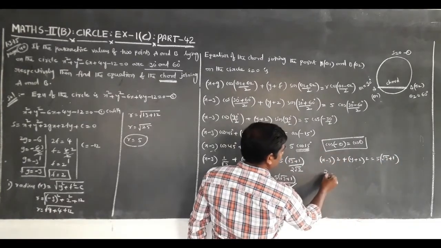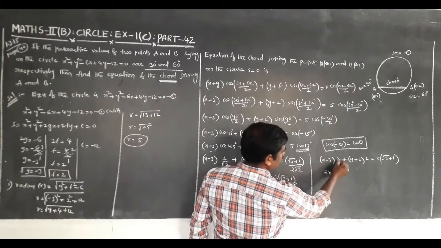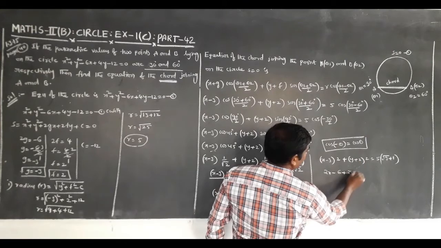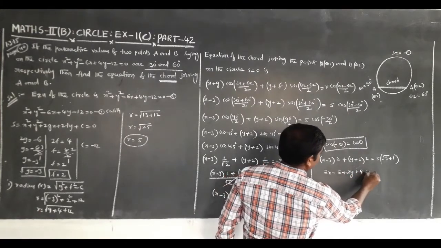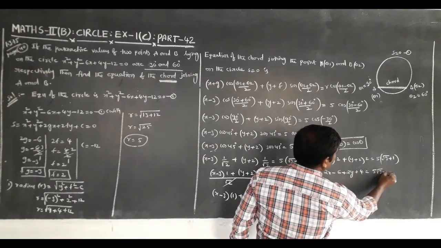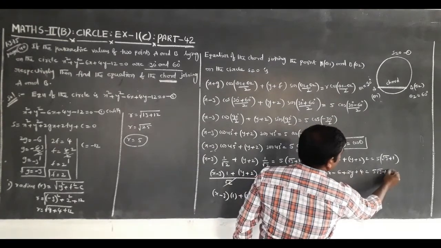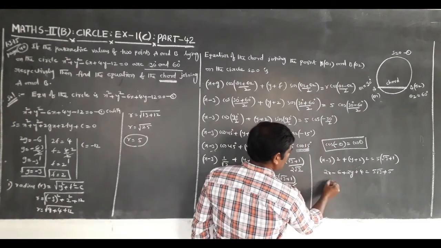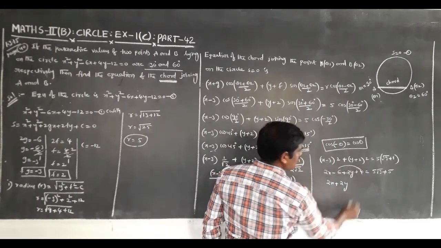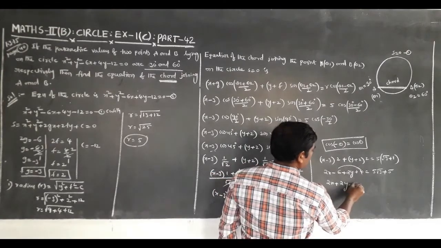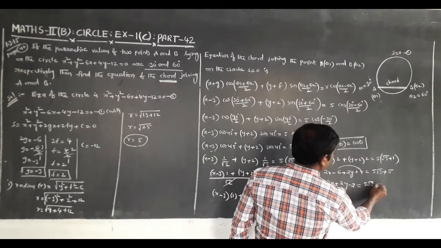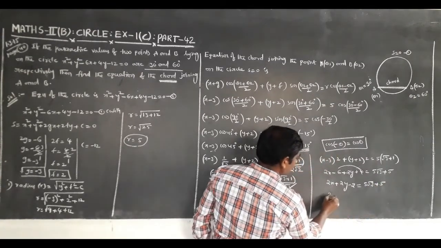2 into x, 2x; 2 3s are 6; 2 into y, 2y; 2 2s are 4; is equal to 5 into root 3, 5 root 3, 5 into 1, 5. 2x plus 2y minus 6 plus 4, minus 2, is equal to 5 root 3 plus 5.